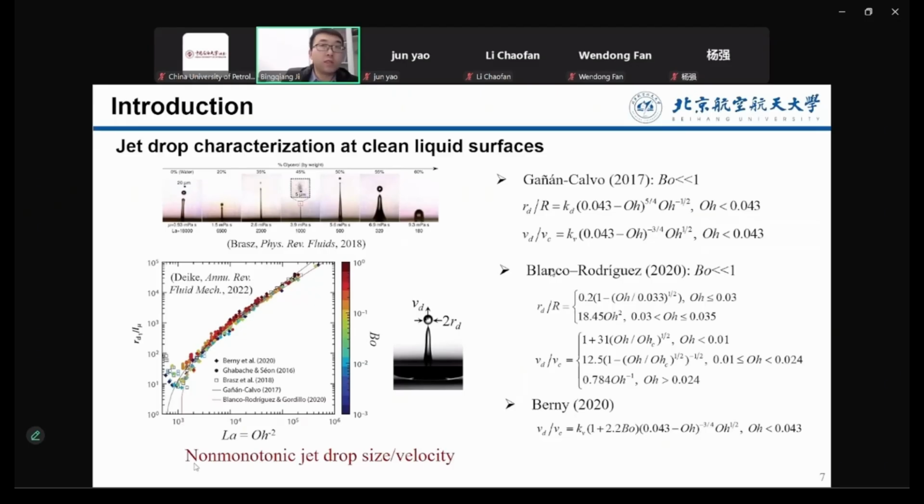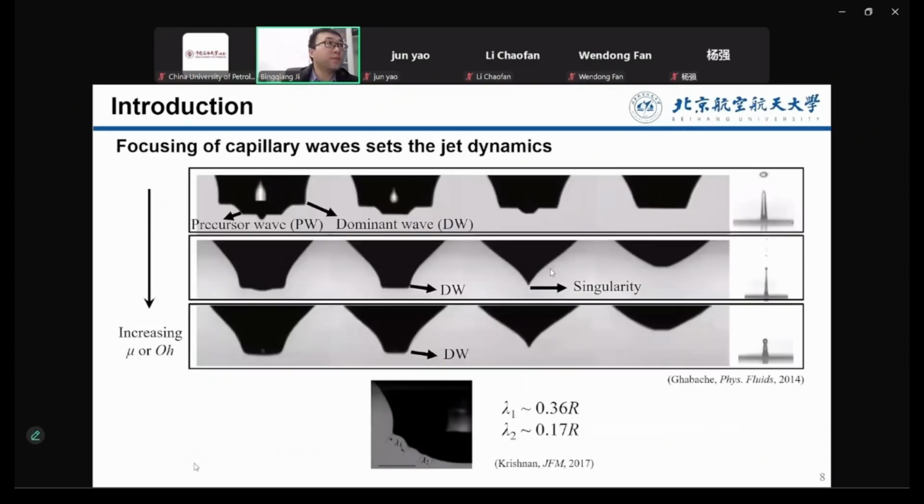Basically, with increasing Ohnesorge number, the jet drop size first decreases and then increases, and the jet velocity first increases and then decreases, both showing a non-monotonic trend. Many researchers proposed scaling laws or relationships for the velocity and the radius of the jet drop, as shown here.